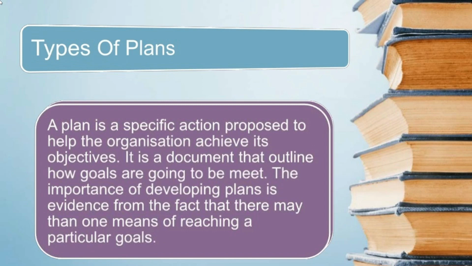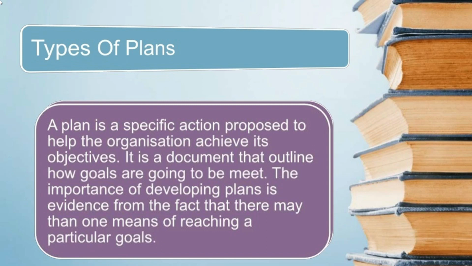Now let us talk about the second type of plan, and this is called as standing plan. Now how do we elaborate? Standing plans are also known as repeat use plans. These plans focus on situations which occur repeatedly.